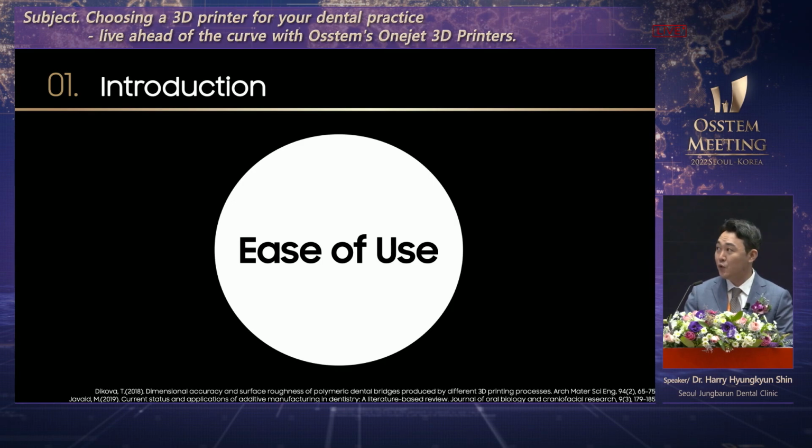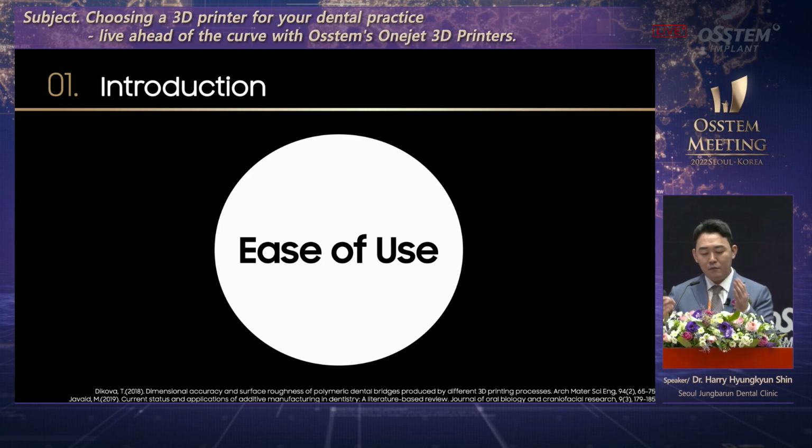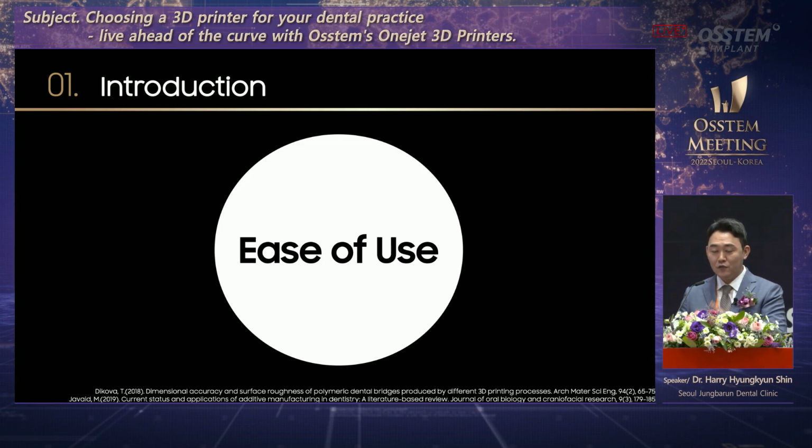It should be easy to learn so that we can use it more. It doesn't get printed just like with one click. A slicing program should be used to print. The output should go through the post-treatment phase and curing. So there are many steps to learn to use it in a smart way.